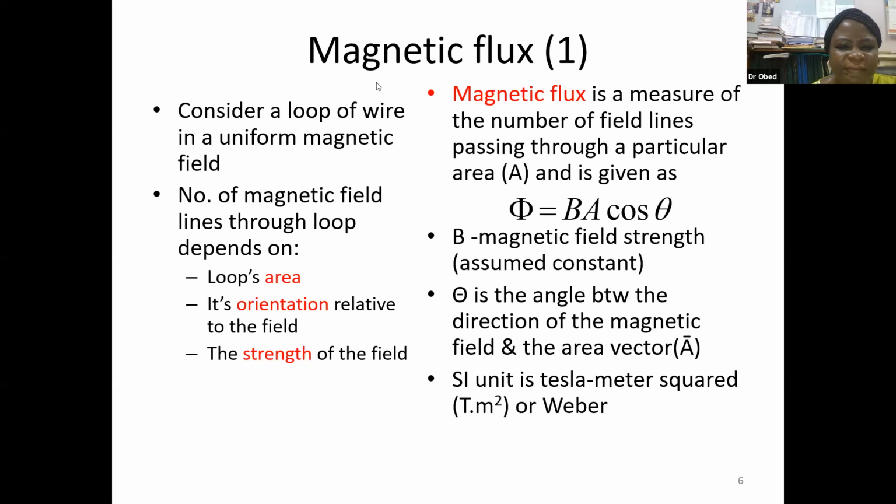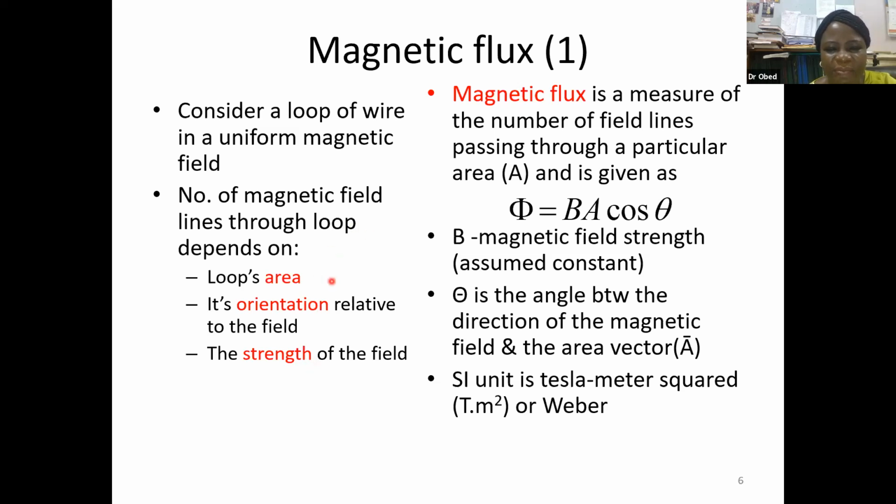The number of magnetic field lines through the loop depends on the loop's area, its orientation relative to the field, and the strength of the field.